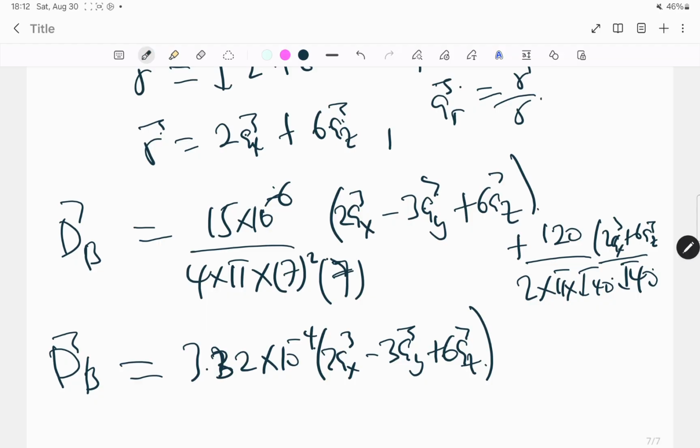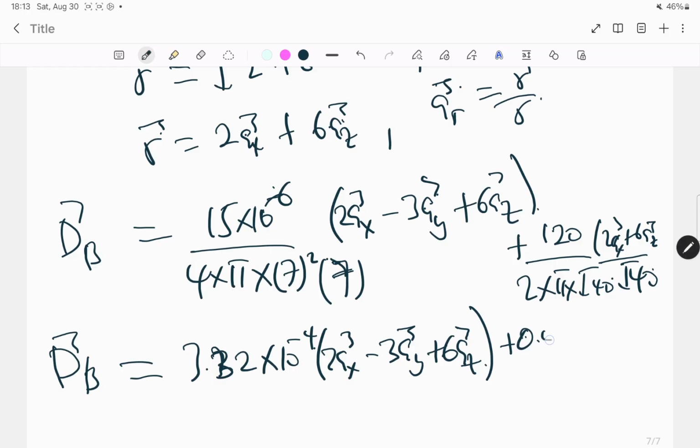Now that we have this, then we bring this one to here. I have 2 times pi times 40 inverse times 120.